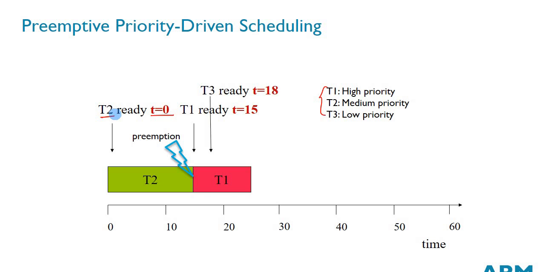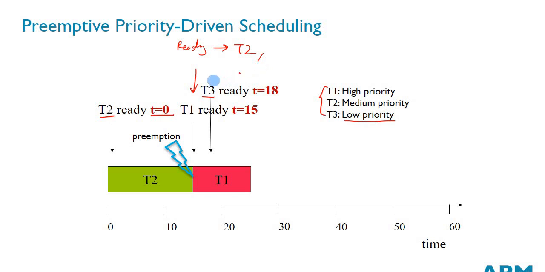But before that, while T1 is running, even if T3 becomes ready, T3 is considered a low priority task, so it will still have to wait in the ready queue. You have to remember that at this point when T1 takes over, if you look at your ready queue, T2 is already there.